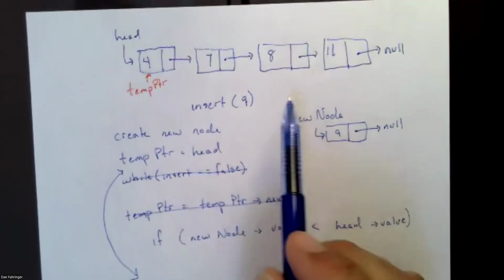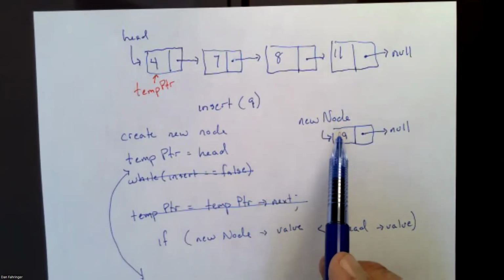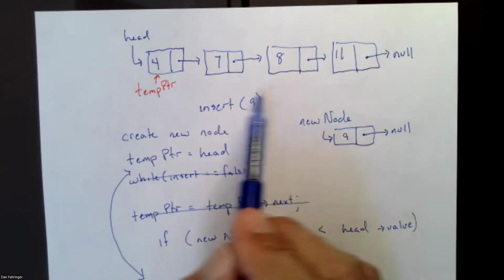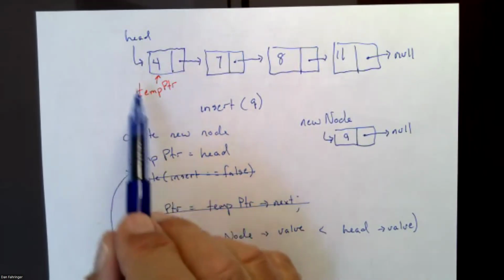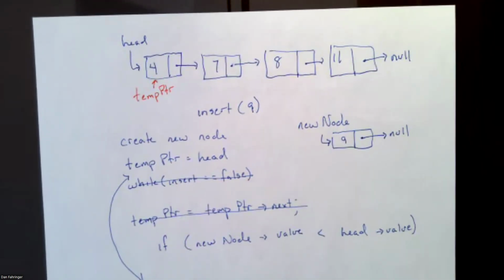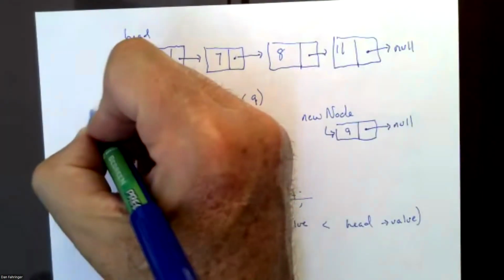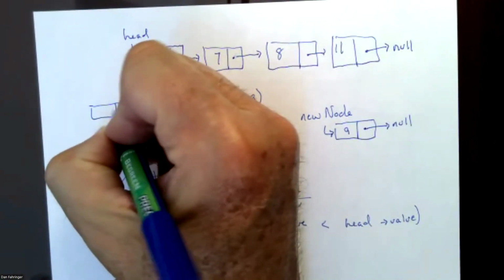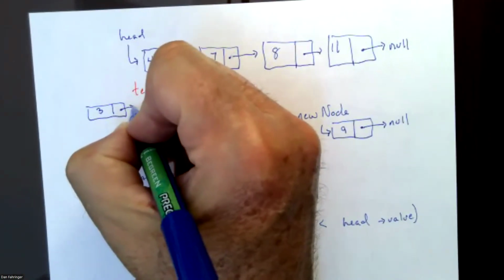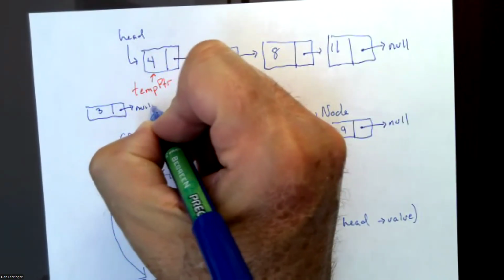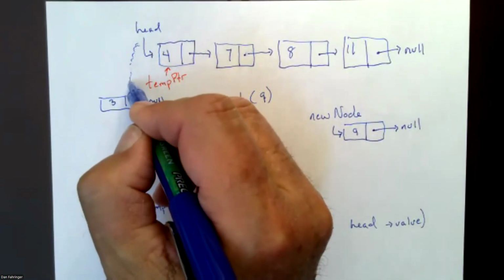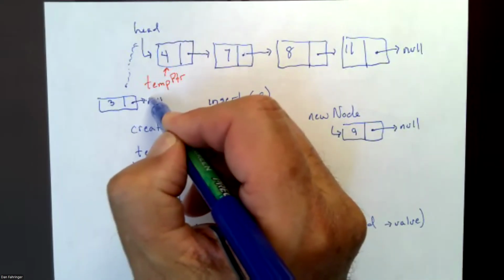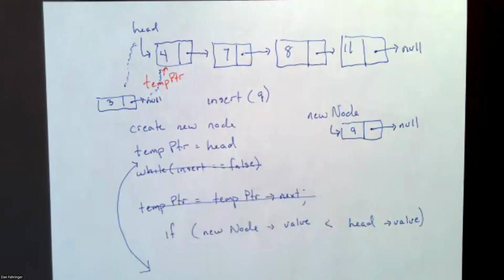What would I like to happen? If this was a 3, I need this to go and point to here, and I need this to go and point to my first thing. I want this to come to here, and this to go up to there.